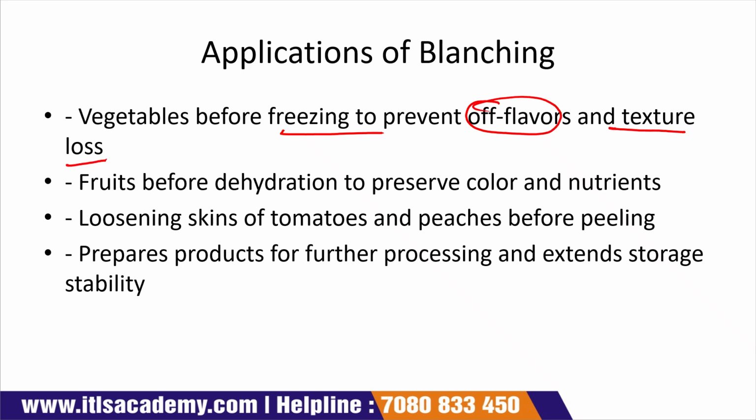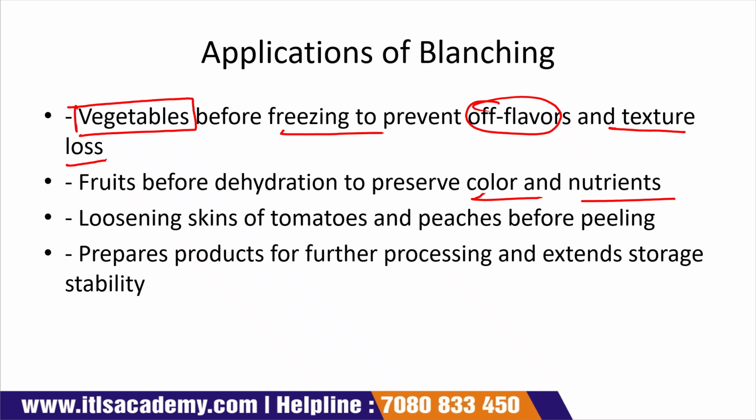Suppose we have to extend the shelf life of a vegetable. If we directly freeze it, then maybe off flavor occurs and its texture is lost. So to prevent the off flavor and texture loss, we blanch the vegetable before freezing. Fruit is blanched before dehydration so that it preserves the color and nutrients.